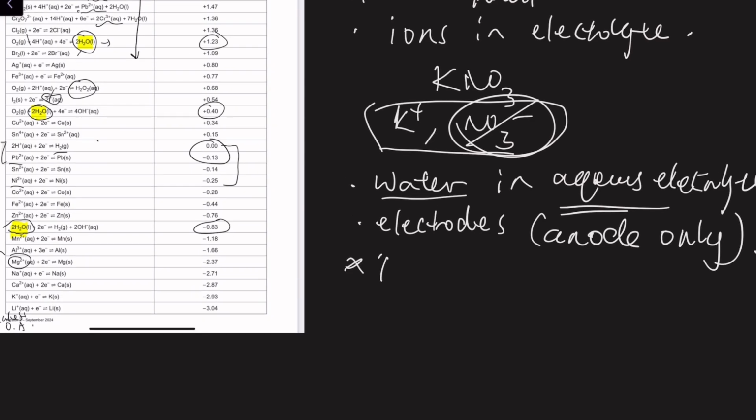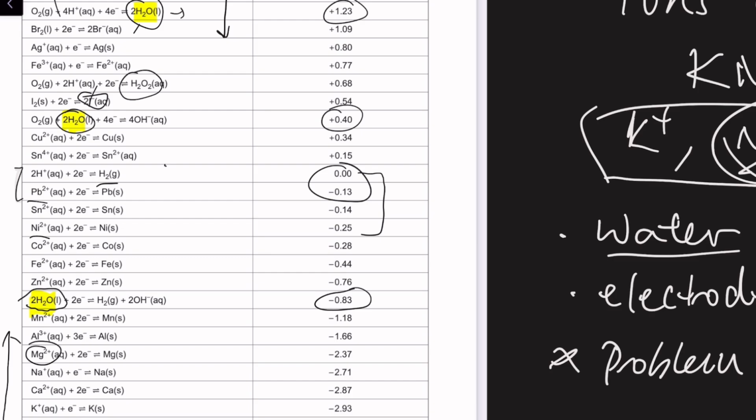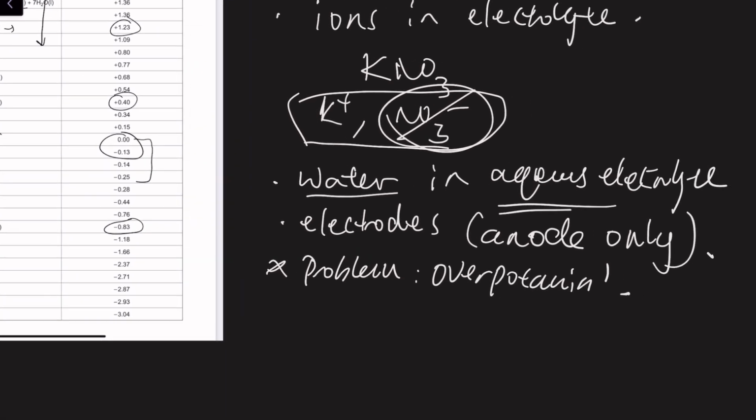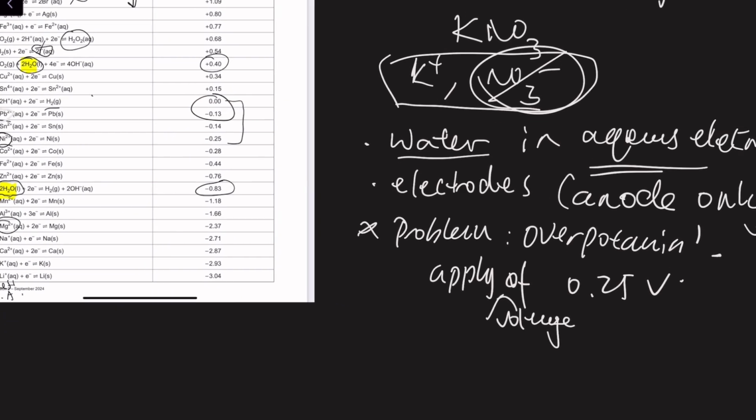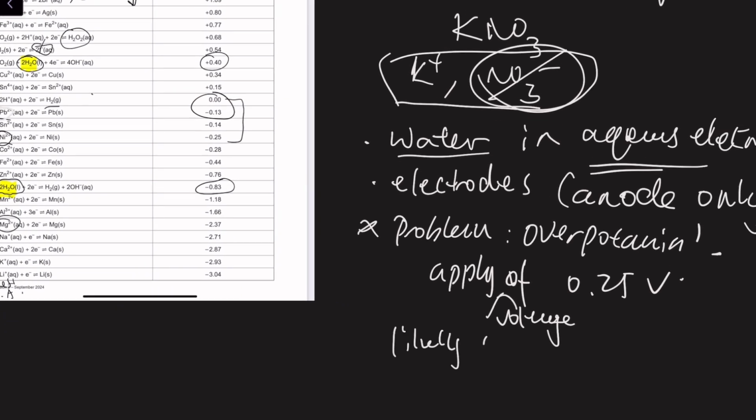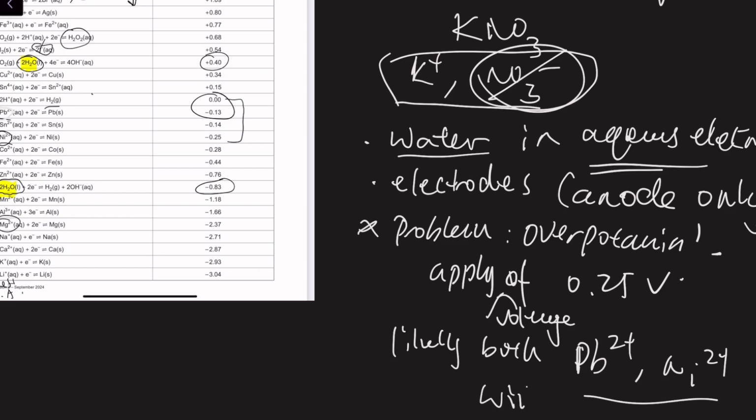Also, a problem to note is about a thing called overpotential. If you have both lead ion and nickel ion present in your system, and you apply a voltage of 0.25 volts, then it's very likely that both the lead ion and the nickel ion will react.